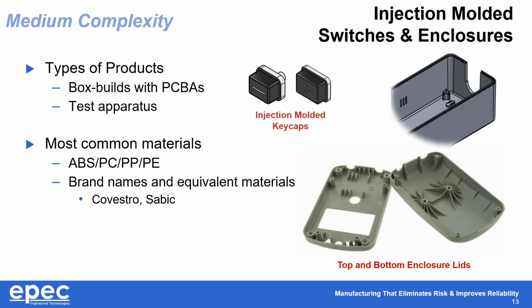Covestro and Sabic are two of the most common that we work with, but there's also a number of lower cost, readily available house brand materials that we can use for more generic compounds like polycarbonate and such. We always want to know what you're doing with this product, where it's going, what requirements you have, so we can analyze the material that we're recommending and make certain that this aligns with all of your program objectives.